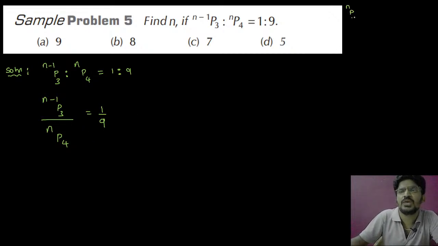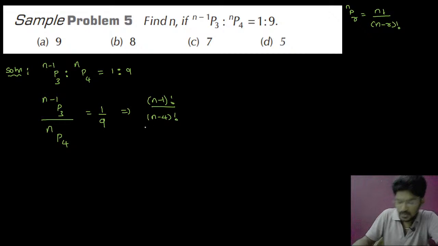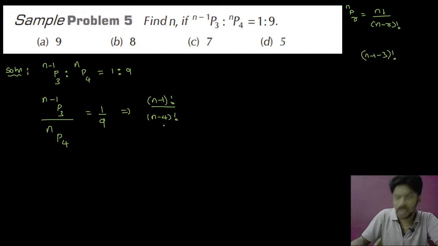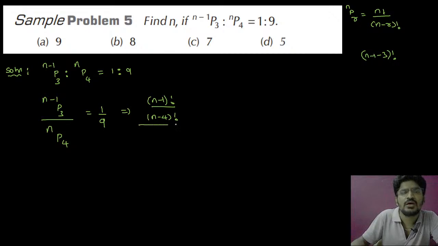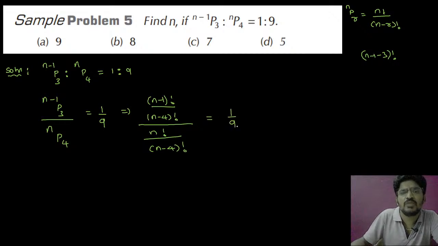What is the nPr formula? n factorial divided by n minus r factorial. So this implies n minus 1 factorial divided by n minus 1 minus 3, that is n minus 4 factorial, and the complete term is divided by n factorial divided by n minus 4 factorial, and that will be equal to 1/9.